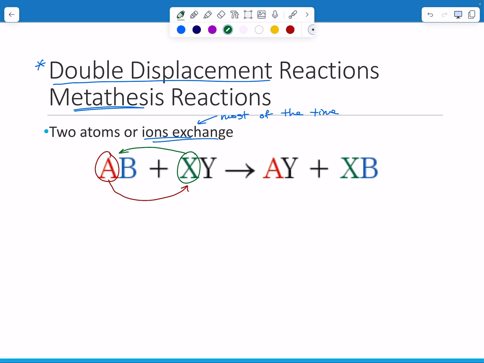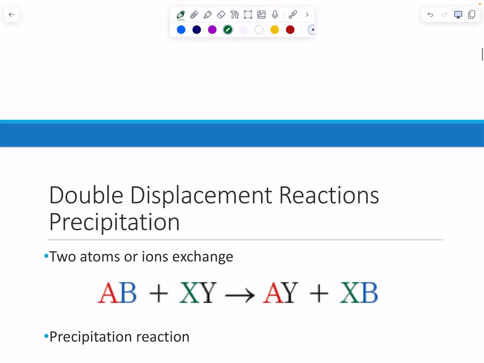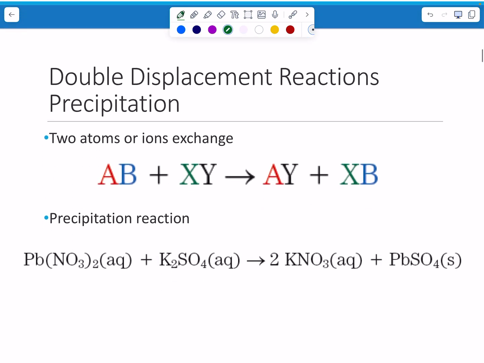So where have we seen this before? Again, in our precipitation reactions. So here's a reaction where when you mix two chemicals, you get a double displacement reaction happening, and one of the products is insoluble.